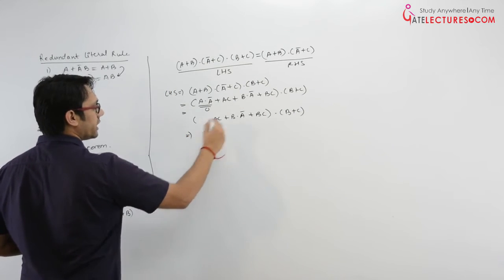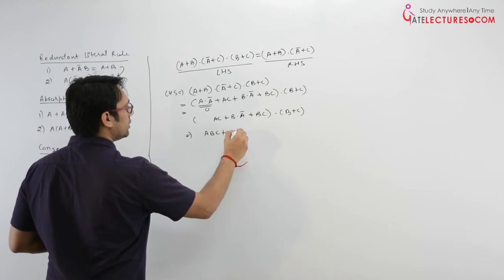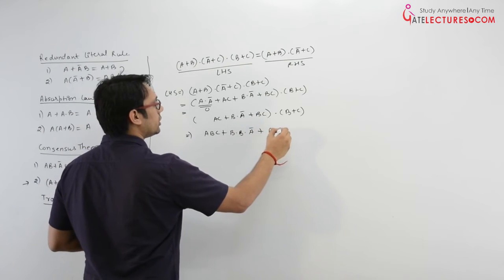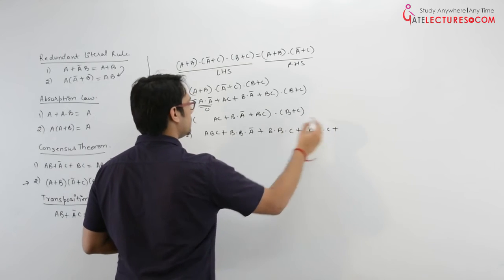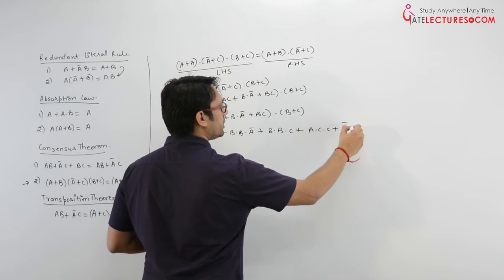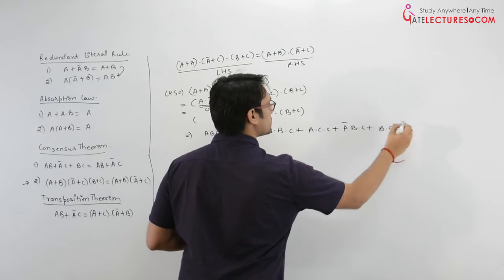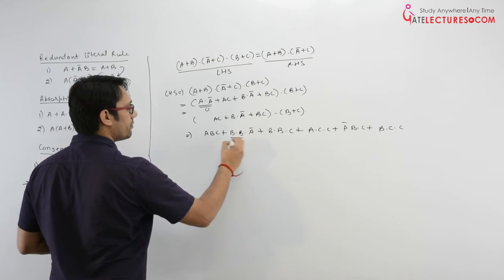So it can be written as, try to expand it again. So it is ABC + B·A' + B·C + A·C + A'·B·C + B·C. So you can say it is equal to B, this one.